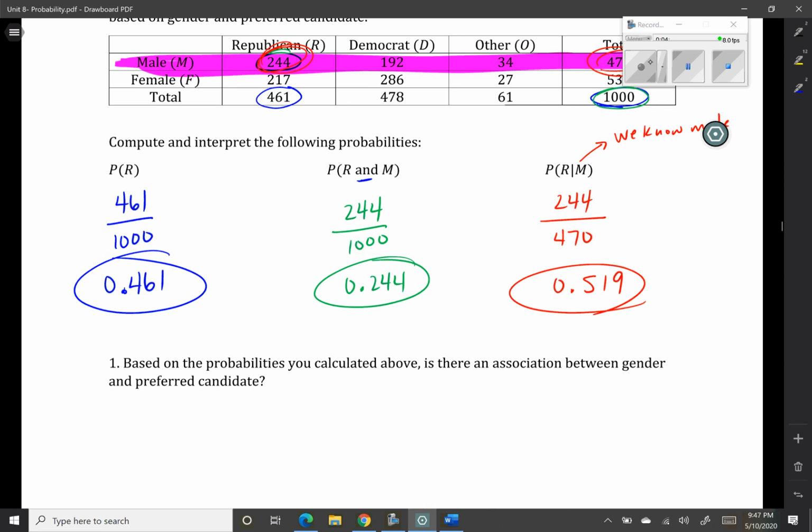So these 2 probabilities, since they are different, we can say that they affect each other. Being male affects whether or not you vote Republican.